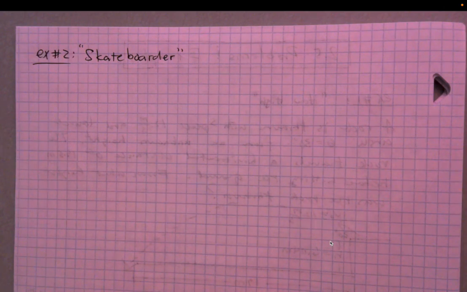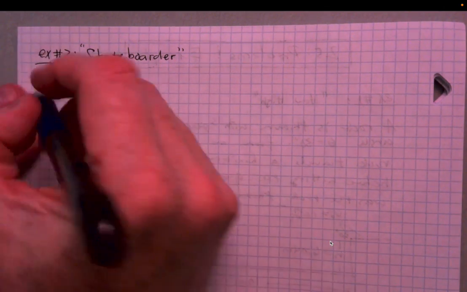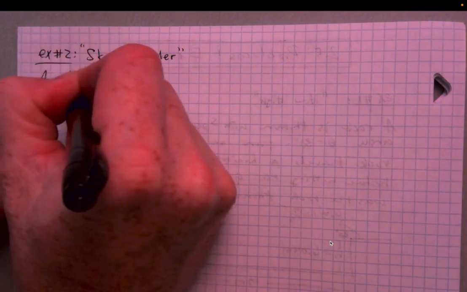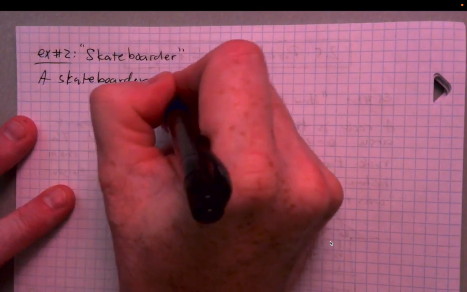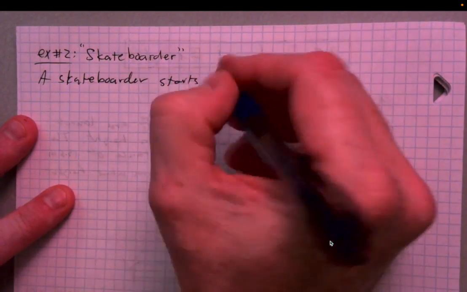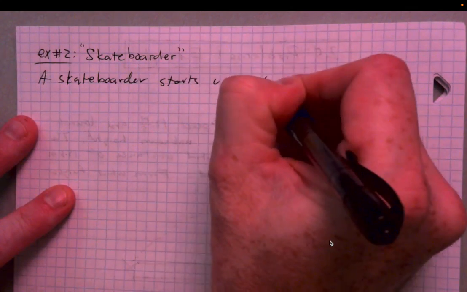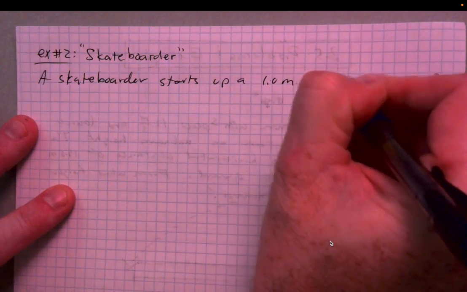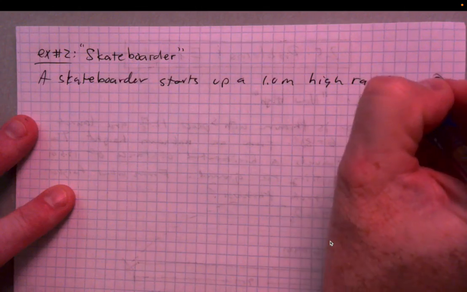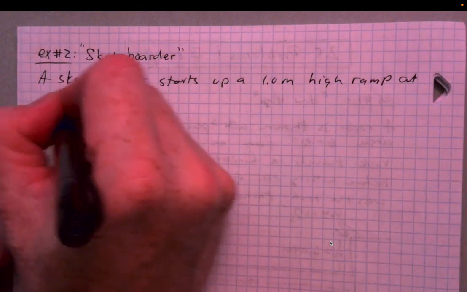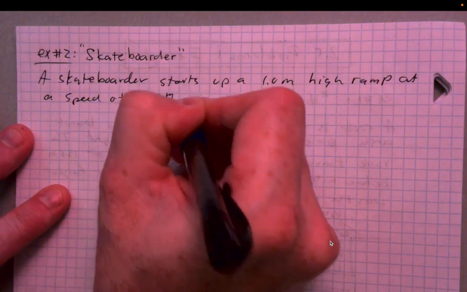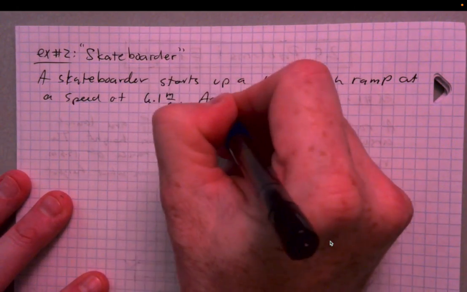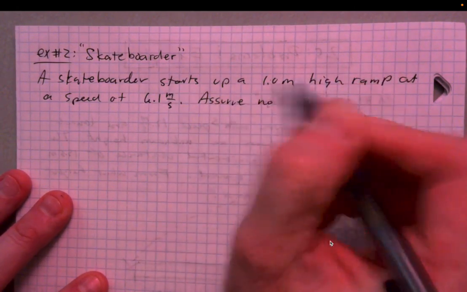All right, so let's write this out. A skateboarder starts up a 1.0 meter high ramp at a speed of 6.1 meters per second. Now we assume no friction, right? Let's simplify the problem.